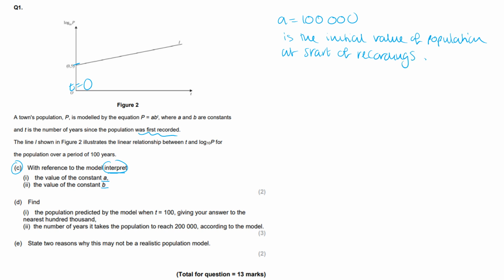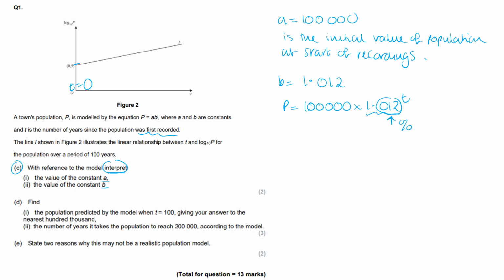Okay, now it's asking us for B. B is equal to the 1.012. Now our equation is that P is equal to the 100,000 times the 1.012 to the t. Now if you remember when you used to do compound interest, this bit here would be 1 point something, and the point something was always the percentage increase.